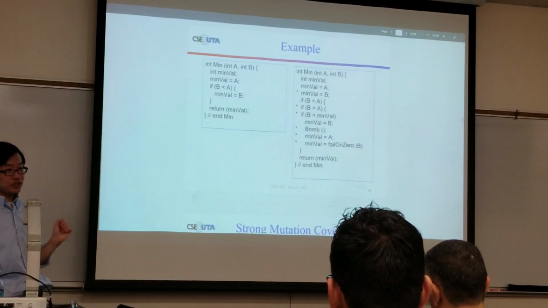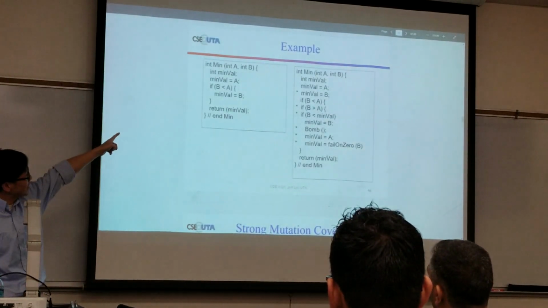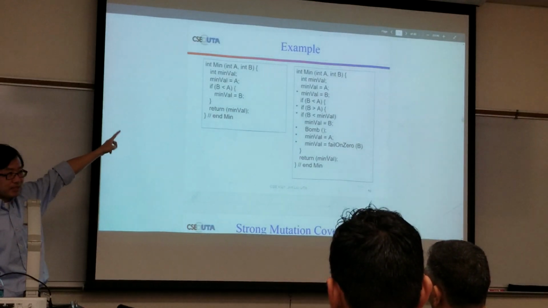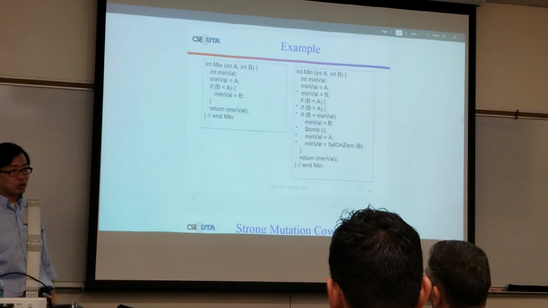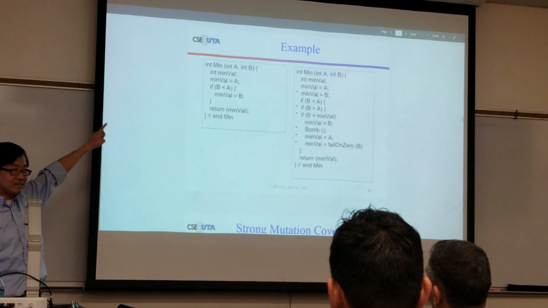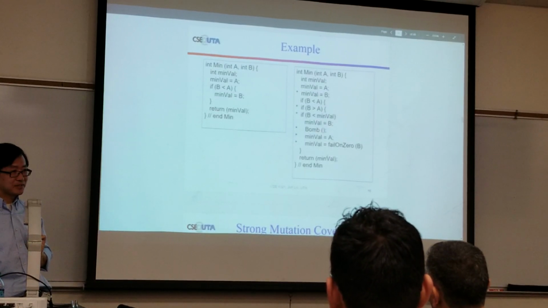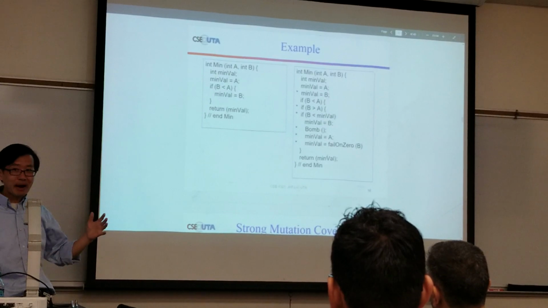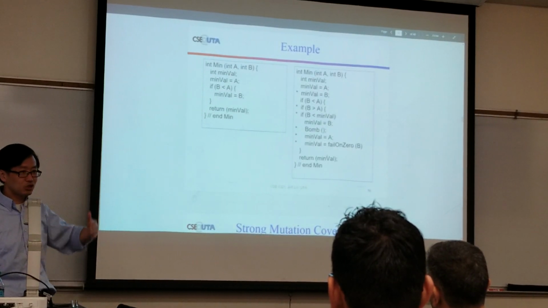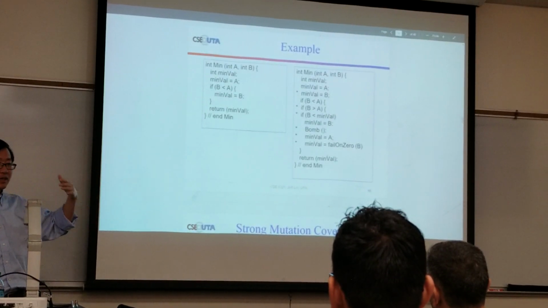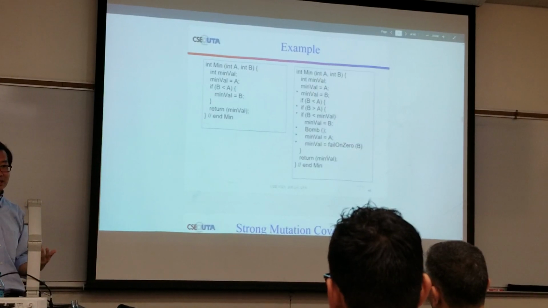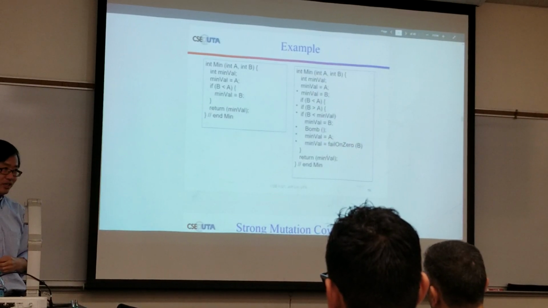If you do two changes together, for example, you replace A with B in the first assignment, at the same time, you replace the less than operator with the greater than operator, that is called second order mutants. And you could combine three changes, right? You could make multiple changes. If it's three changes together, it's called third order mutants.